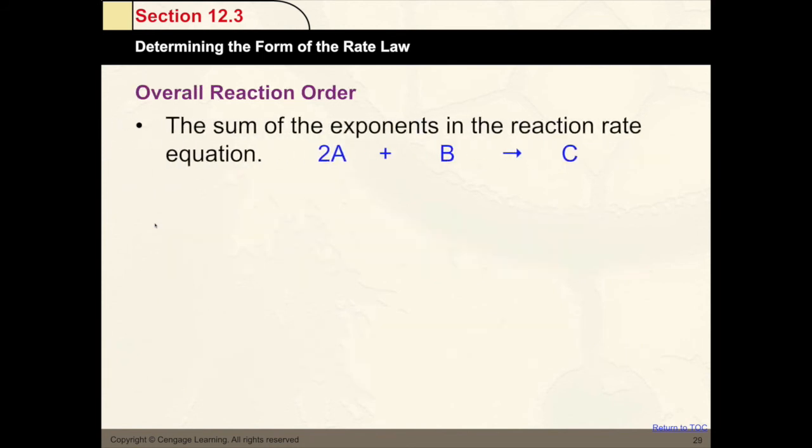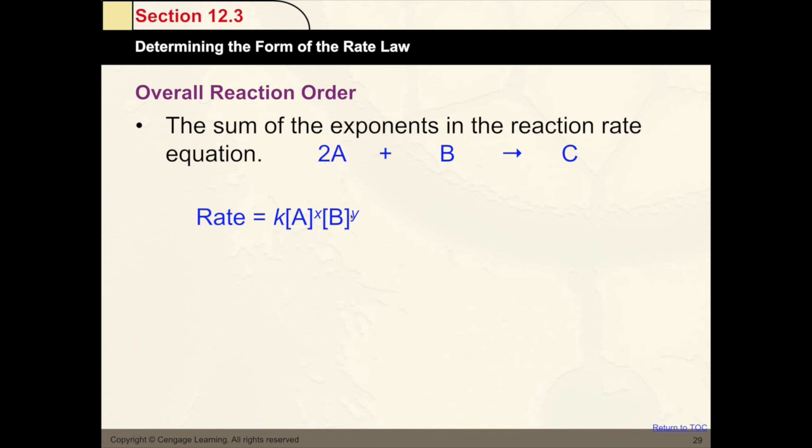So here's the overall reaction order: the sum of the exponents in the reaction rate equation. So this is the reaction rate equation. It's going to be K times the concentration of A to the X power times the concentration of B to the Y power. Again, X and Y are not the coefficients here.